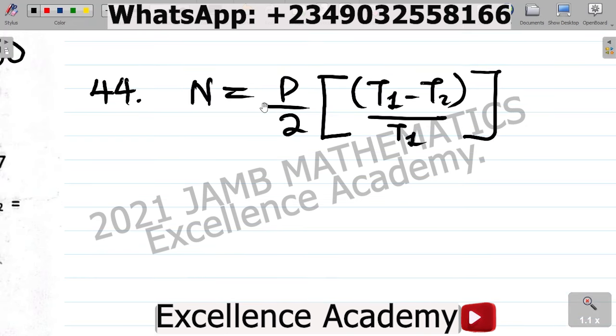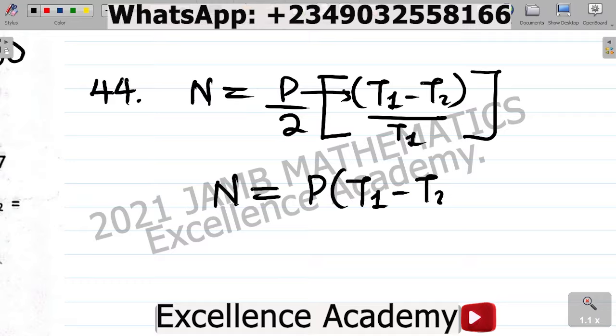Now, the first thing we have to do is make p the subject of the formula. And how do we do that? First things first, we can open the brackets here. n will be equal to p times numerator gives you p into t1 minus t2 all over 2 times t1 gives you 2t1. At this point, we can cross multiply.